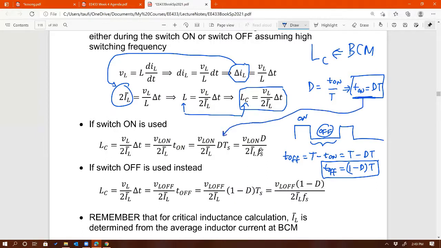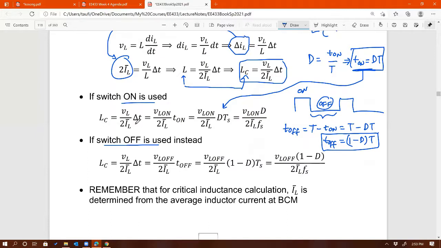If I rewrite the equation, then the critical inductance, if on is used, is equal to VL on, the voltage across the inductor when the switch is on, times duty cycle divided by 2 times IL average times F, the switching frequency. I just replace T with 1 over F. And if switch off is used instead of switch on, then delta T becomes T off, and VL becomes VL off.